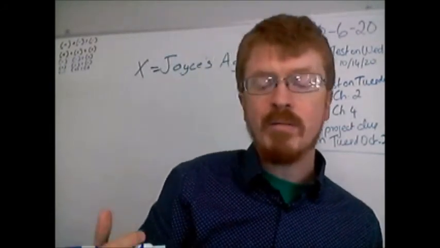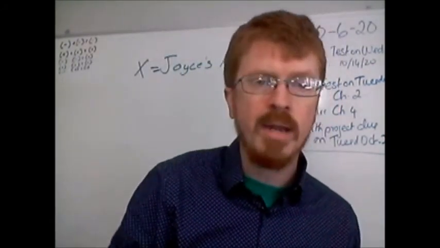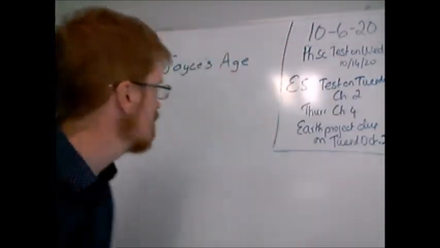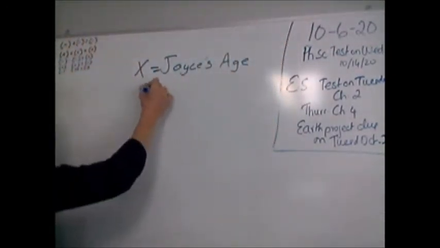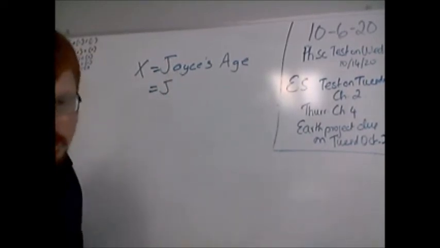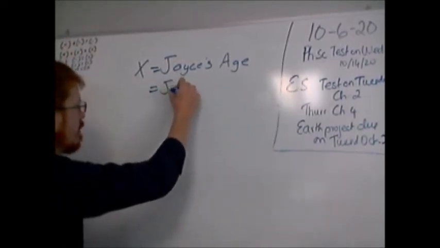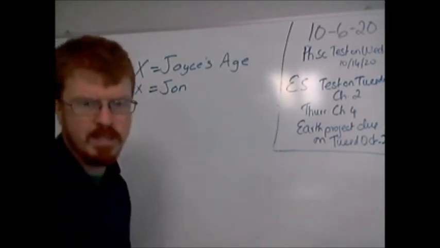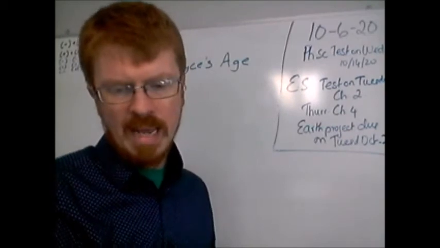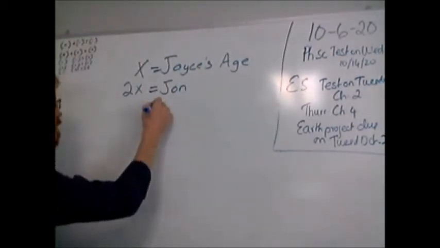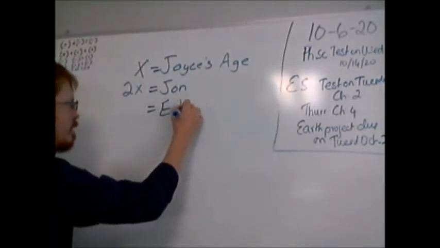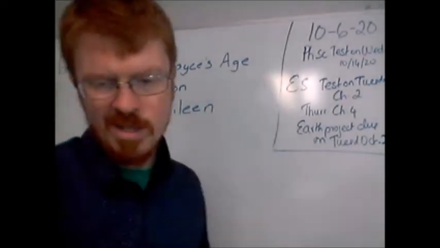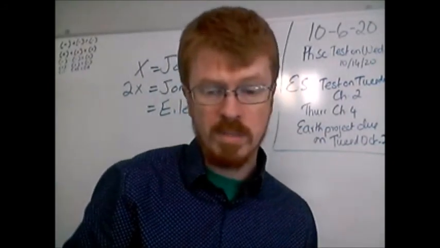Well, do we know anything about John's age? John is twice Joyce's, twice as old as Joyce. So for John, they have here twice Joyce, so 2x. Then we need Eileen's age. Eileen, it says there, is 1/4 of Joyce.